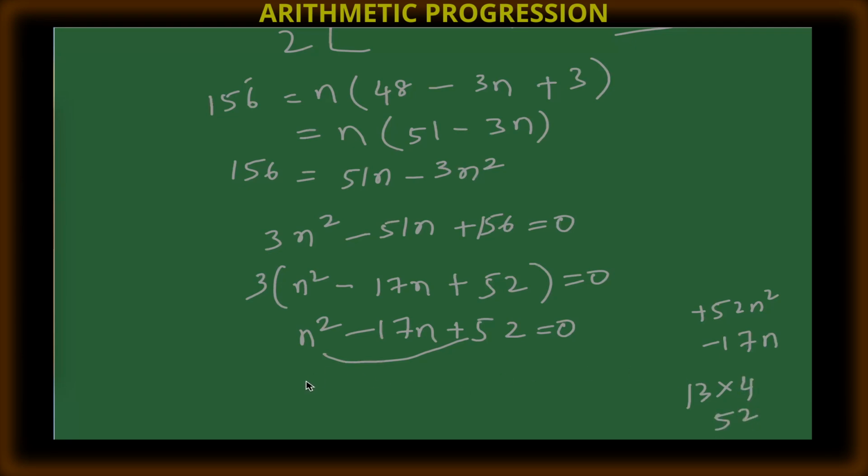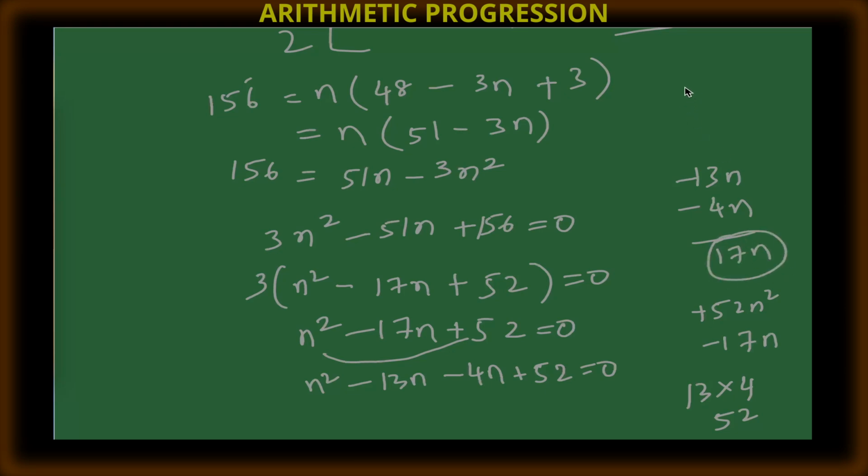Okay, so let's try to put it here. n square minus 13n minus 4n plus 52 is equal to 0. Cross check it. Minus 13n minus 4n, which becomes 17n.